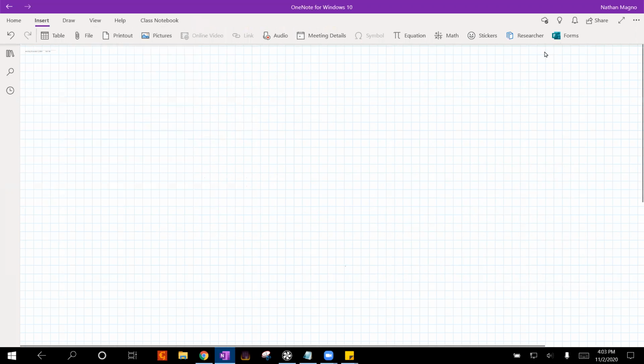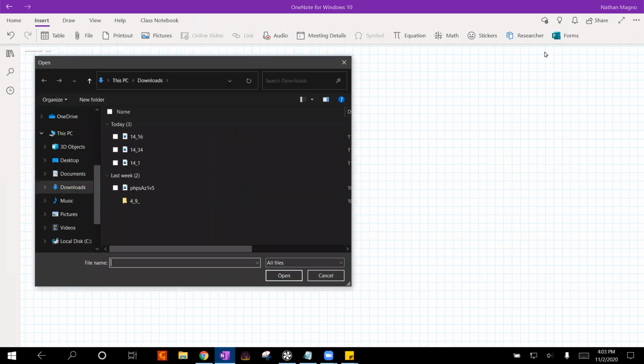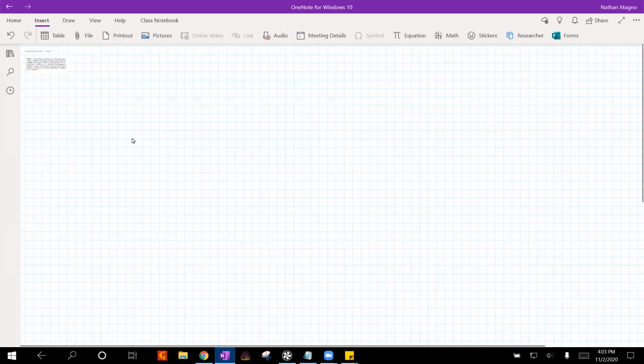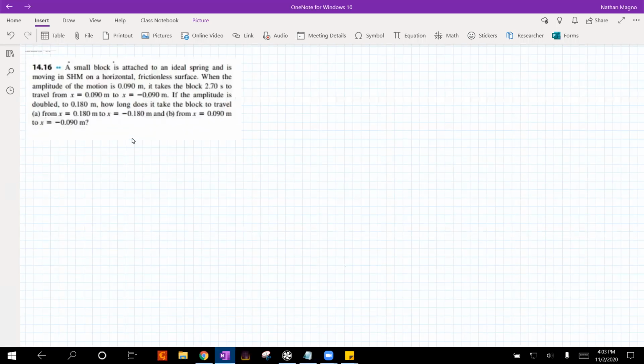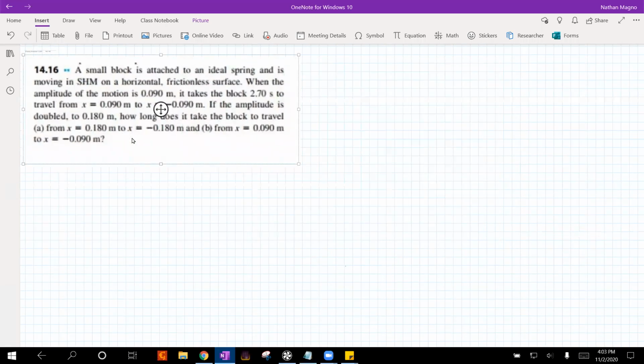Insert picture from file 14.6. Okay. So I'll let everyone have a second to read this. And if you have a way you think you can figure it out for part A, feel free to blurt it out.